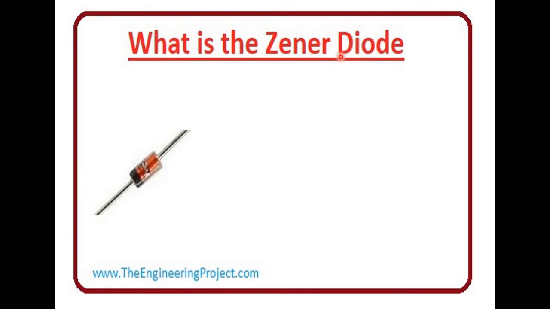Okay, first will be DI and second part will be ODE. So DI stands for two, and ODE refers to electrode. Okay, so the semiconducting devices which have two terminals can be termed as diodes.